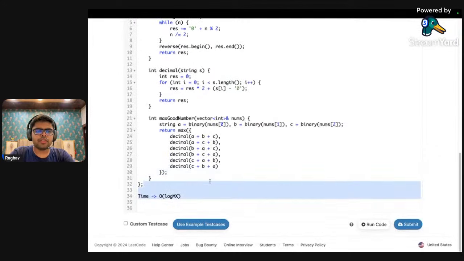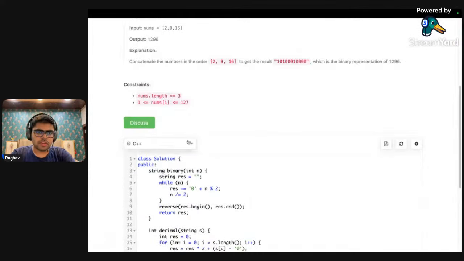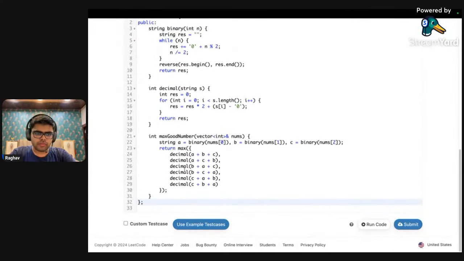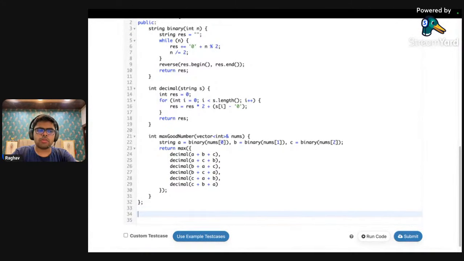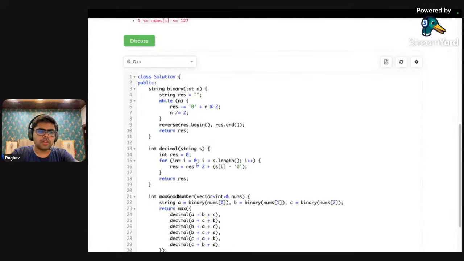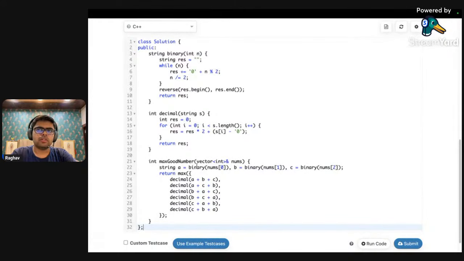Maybe we don't even need to find out the time complexity because the constraints are really, really small. The numbers would be at most 3 digits in size. So there is definitely no problem related to time, and the same thing goes for space. It was just an implementation based problem, where you just had to implement and you don't really care about the time and space.